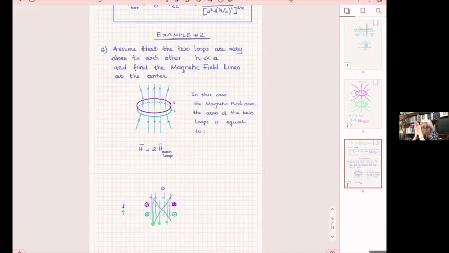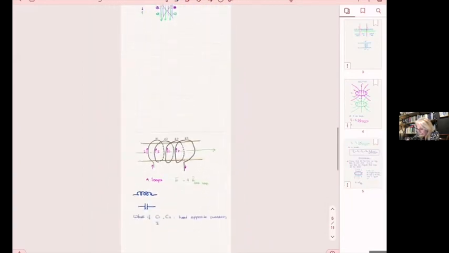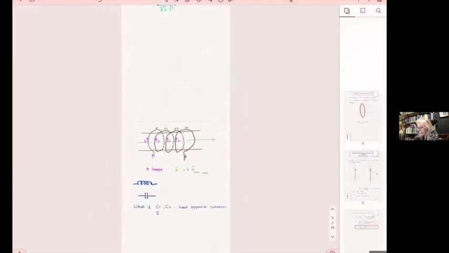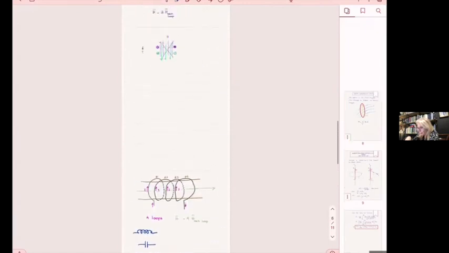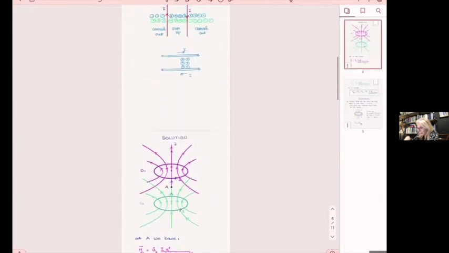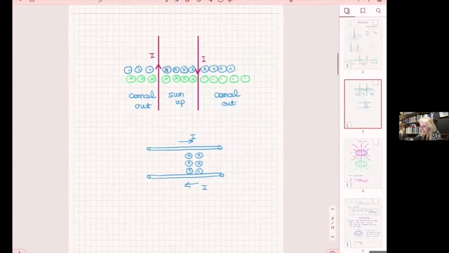But when you have two loops, to confine the field on the aperture of the loop, you have to bring the two loops, like you see here, with the same direction in the current. And it's on the basis of those things that we create a solenoid like this, which is practically an inductor, or where, as I said, we use this idea to develop transmission lines.